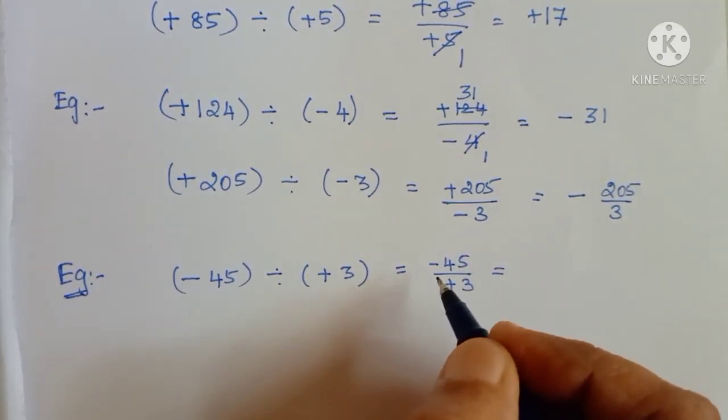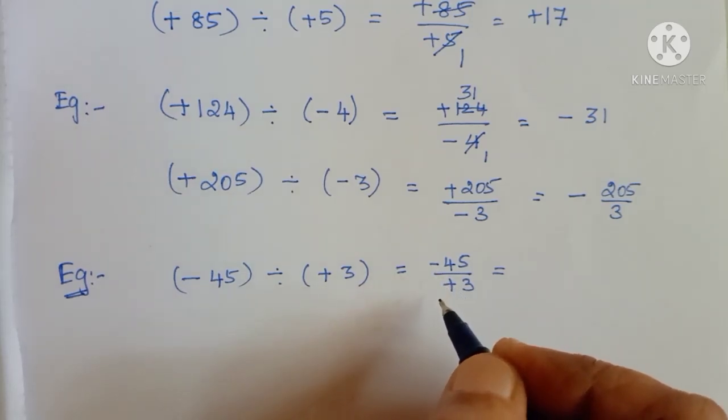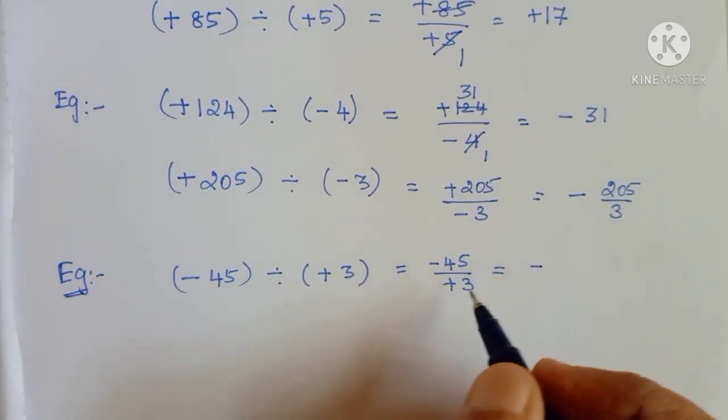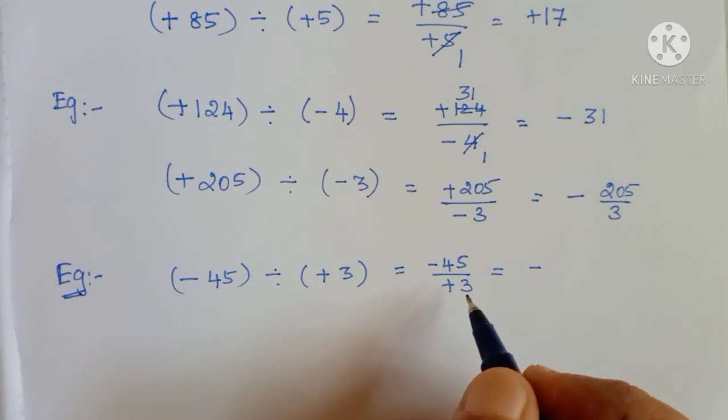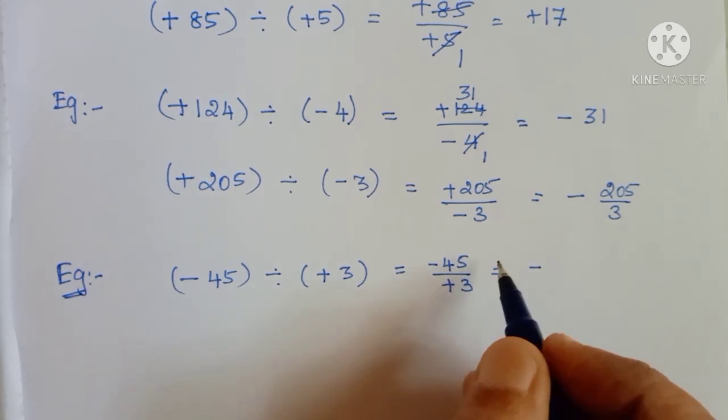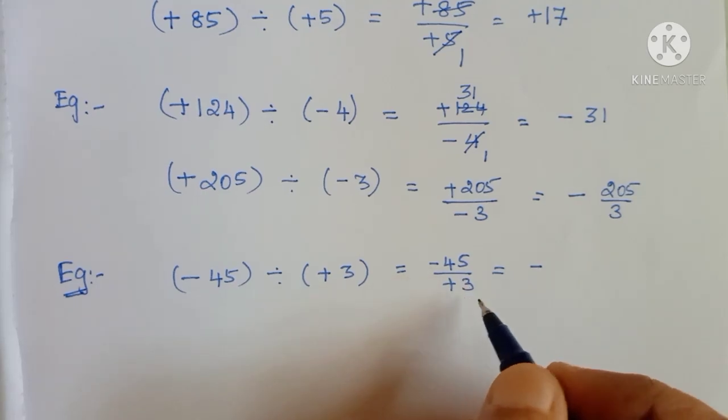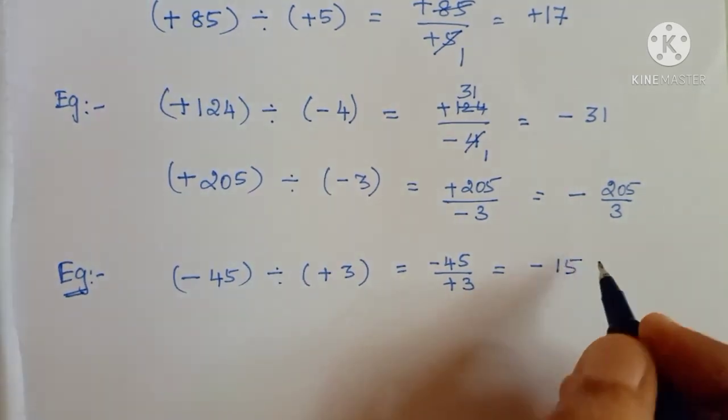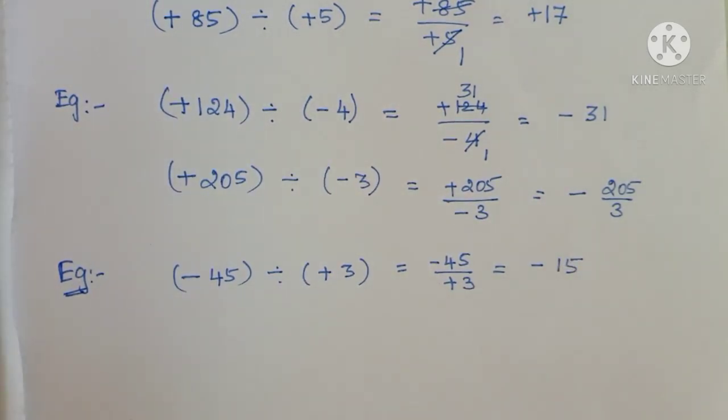First we will see the sign only. So minus divided by plus, what will you get? Minus. Now 45 by 3, if you are thorough in tables, easily you can say 3 15 times is 45. So minus 15. So a negative integer divided by a positive integer, you will get a negative integer only.